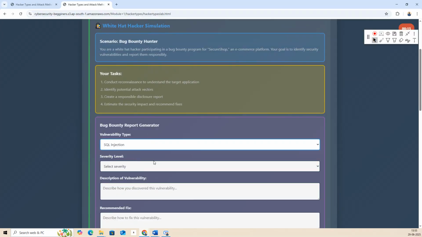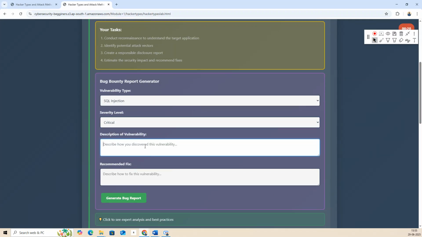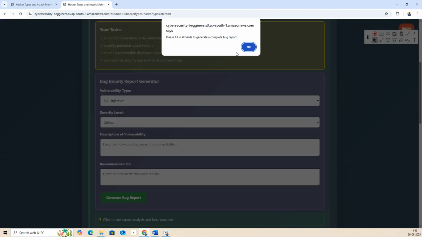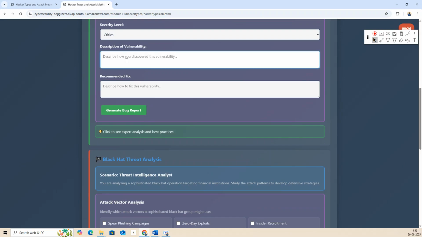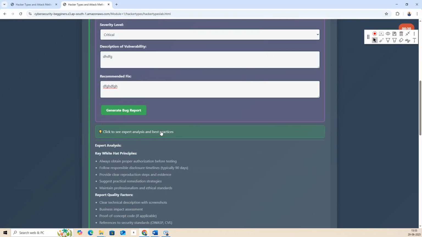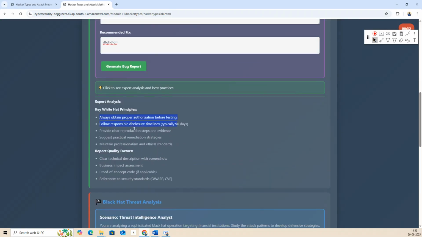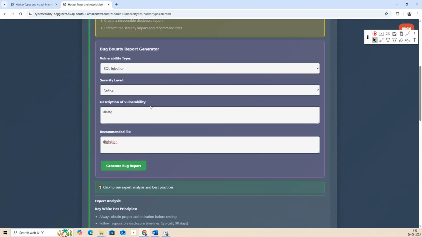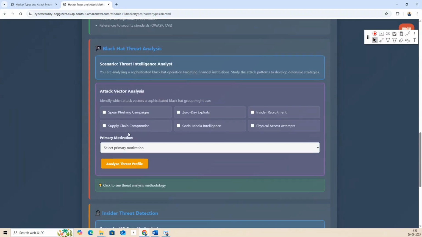Let's suppose you have found SQL injection and it's critical severity. Write something about it, describe what it is, and click on generate bug report. Once I fill something and click on generate report, you see here, it gives you key pointers and report requirements, all those things. You can go through it, what exactly the lab is all about.